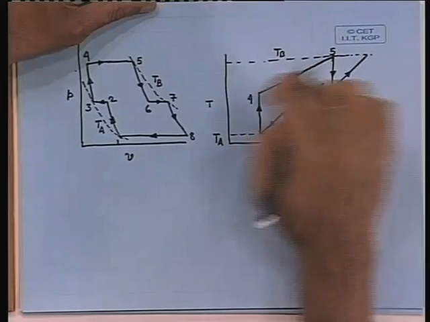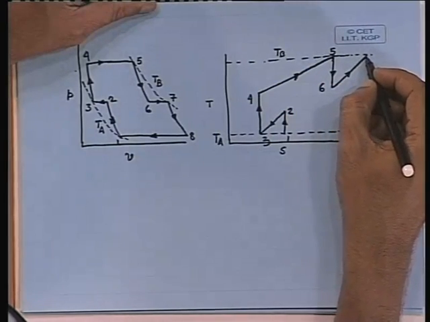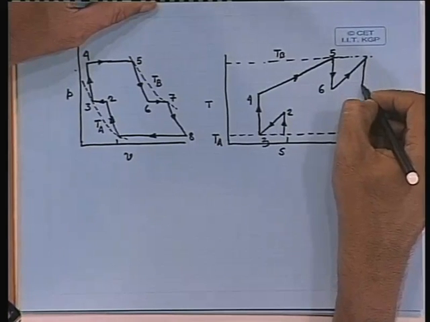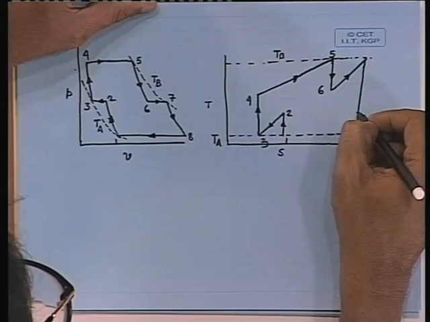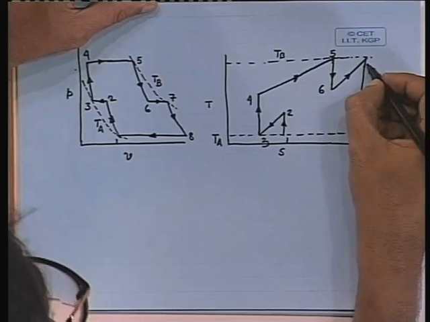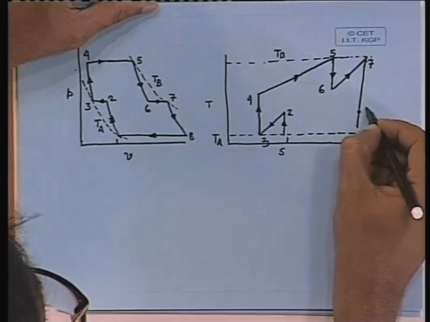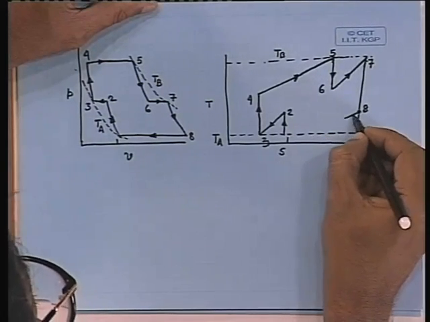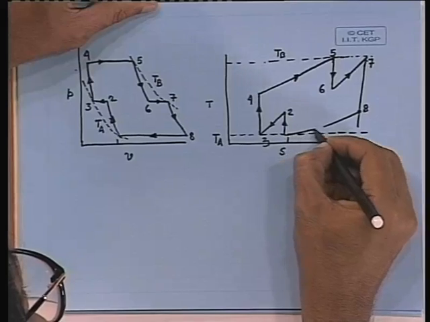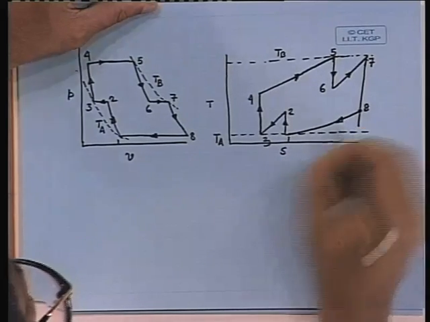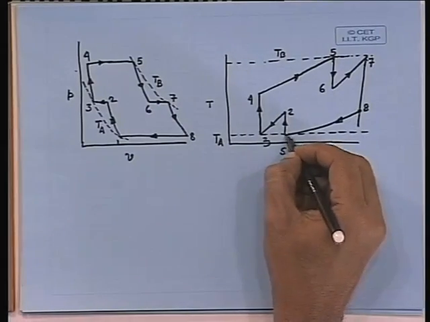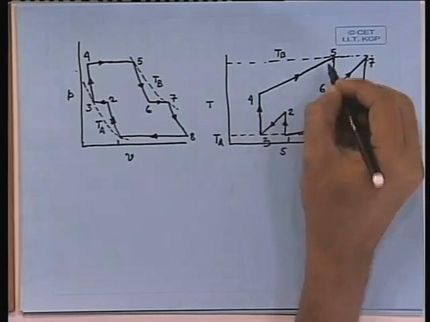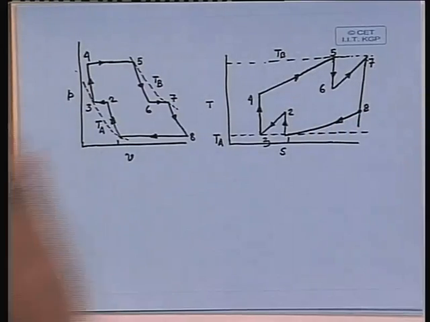So, this and this curve they will be parallel, and then we will have isentropic expansion, somewhere here. So, this is 6 to 7 and 7 to 8. Then I will have constant pressure heat rejection, something like this. So, 1, 2, 3, 4, 5, 6, 7, 8.